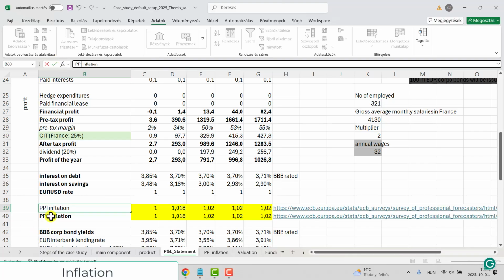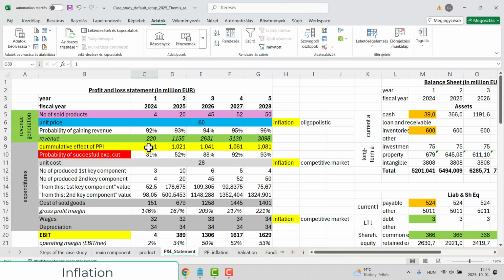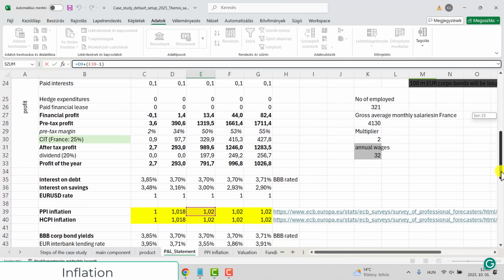Okay, this is the original. This is the CPI. Because we are still reflecting on what happens here.